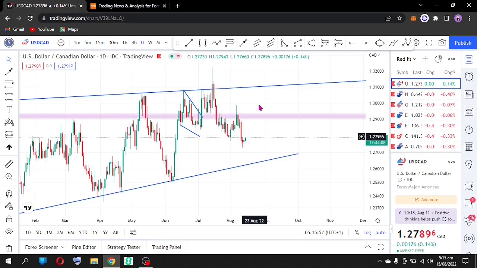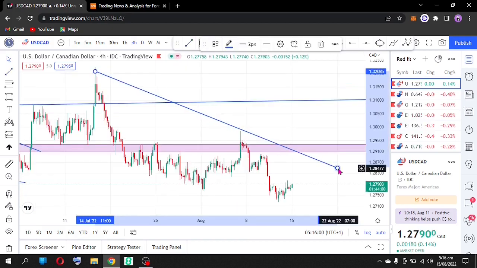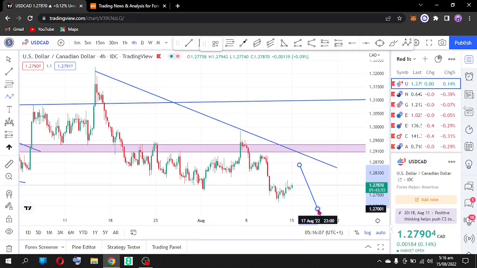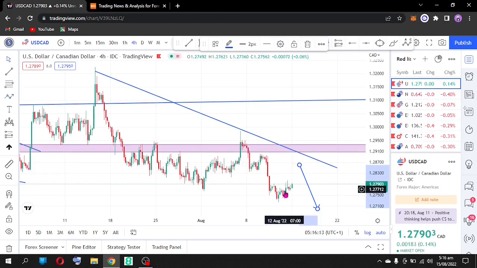So I think this is trying to head to this resistance, and then it might continue dropping. It might not even reach this level and then it will drop, but this might be a pullback for this drop. So watch out for this pair also.